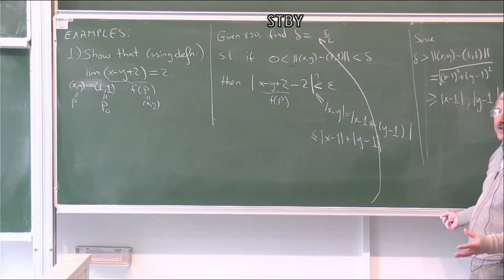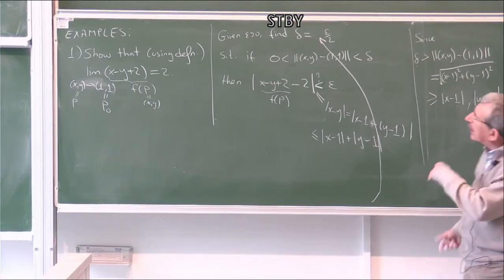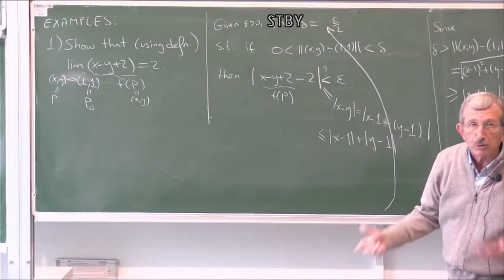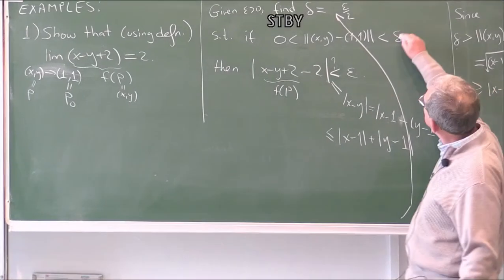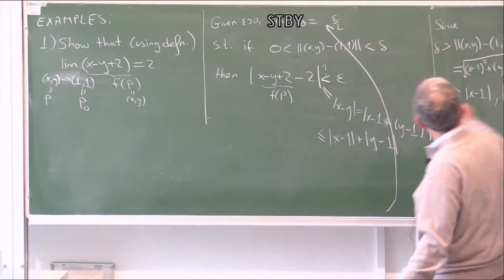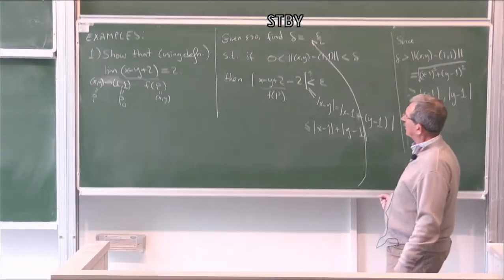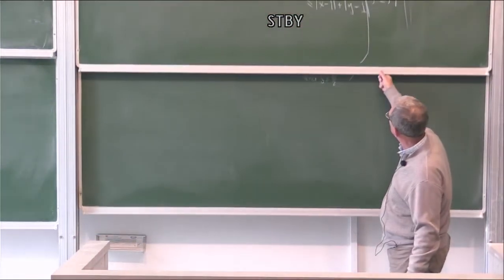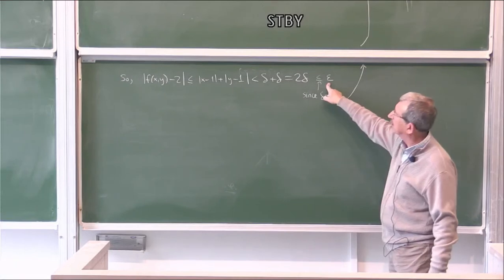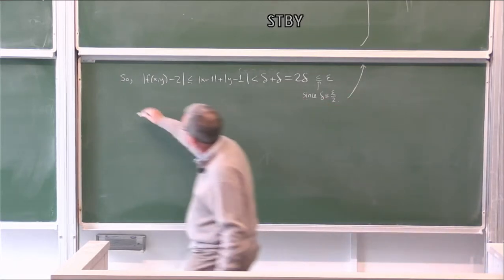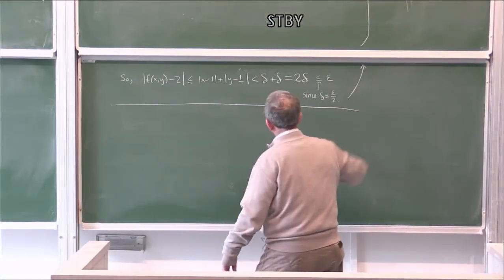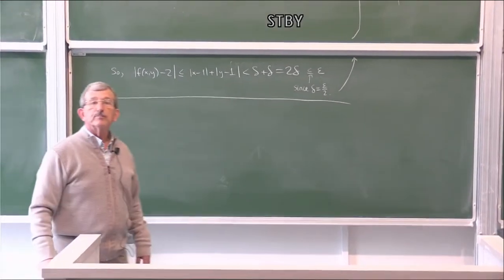So how does it read? Given epsilon, we choose a delta, which is epsilon over 2. And if this is true, which means both of them are less than epsilon over 2, and we get epsilon, so we are finished. Indeed, the limit is 2.